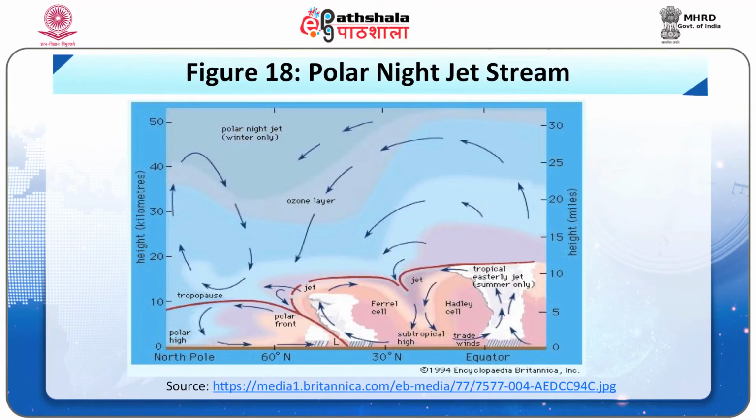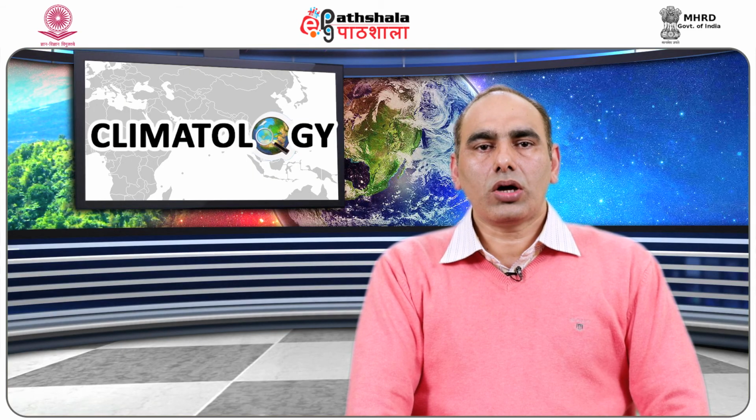Fourth one is the stratospheric subpolar jet stream. These are also known as polar night jet streams. They originate in the stratosphere at an altitude of about 30 km around the poles in the winter season, as can be seen in figure 18. Finally, local or regional jet streams.